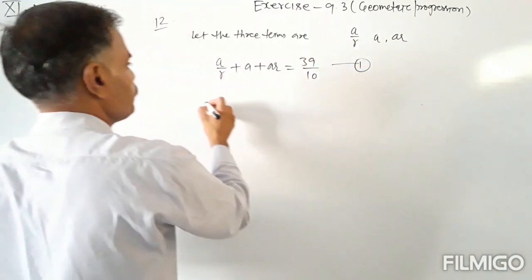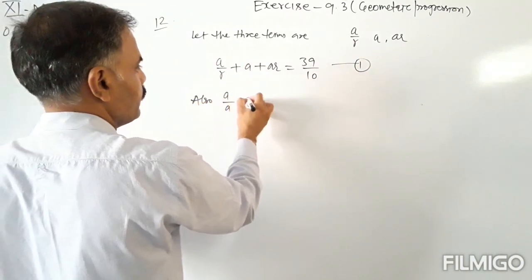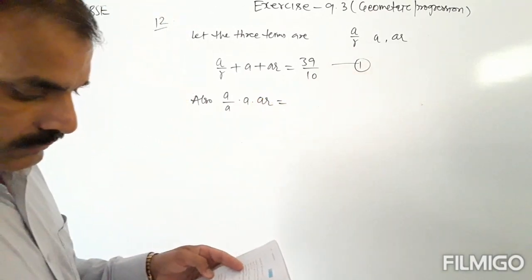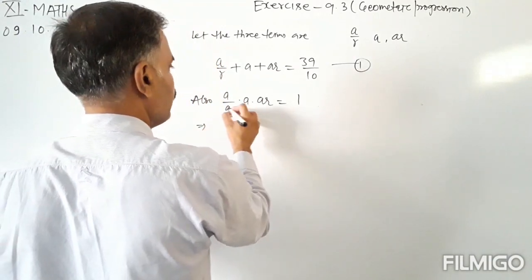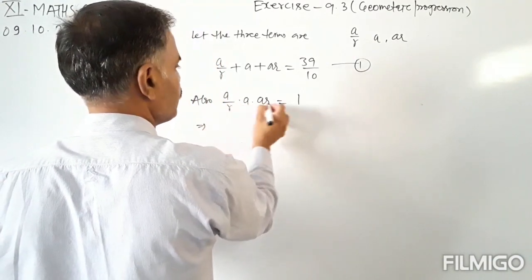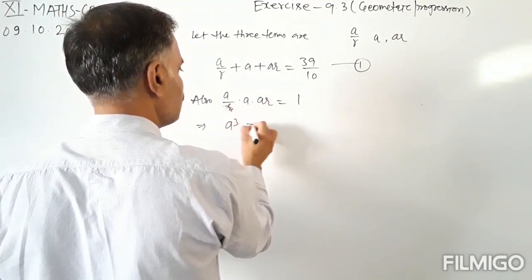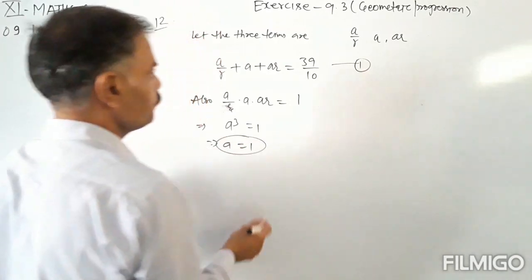Also we have been given the product a upon r into a into ar equals 1. So r cancels r, and a cube equals 1, meaning a equals 1.